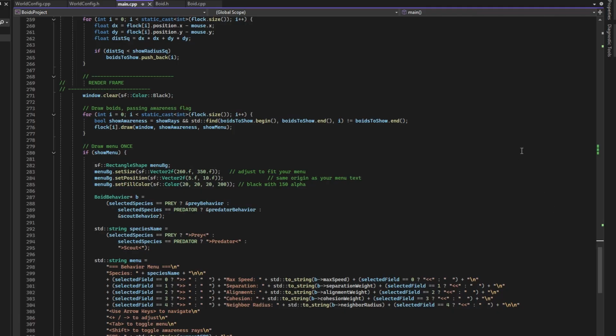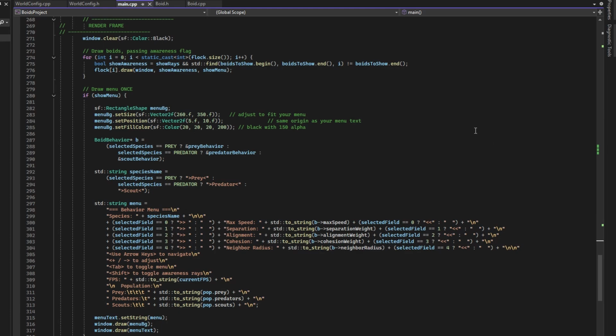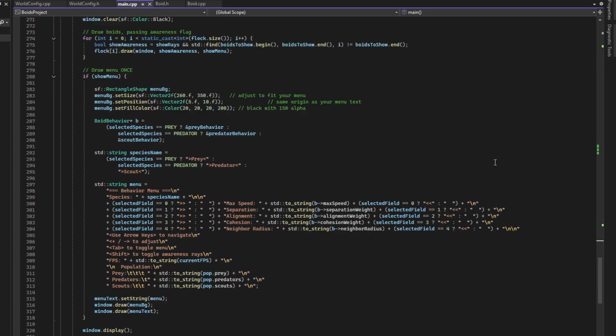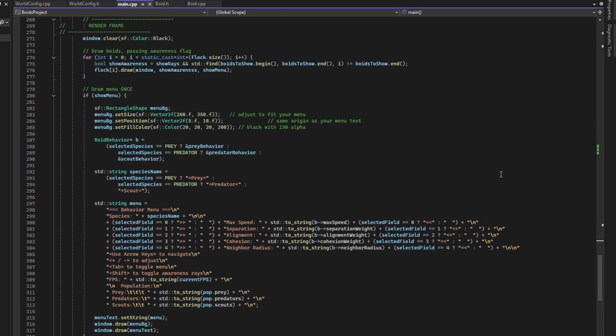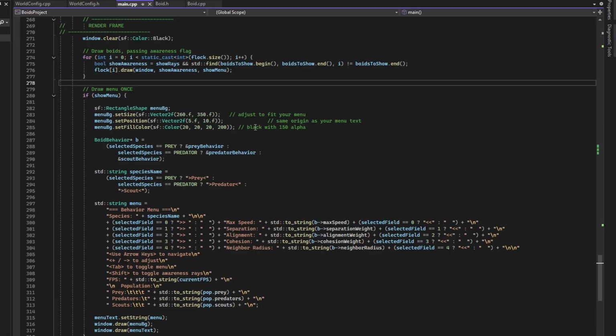When I get to the render frame, it's kind of sloppy. But this is to just draw all the Boids, which is a fun thing to do.